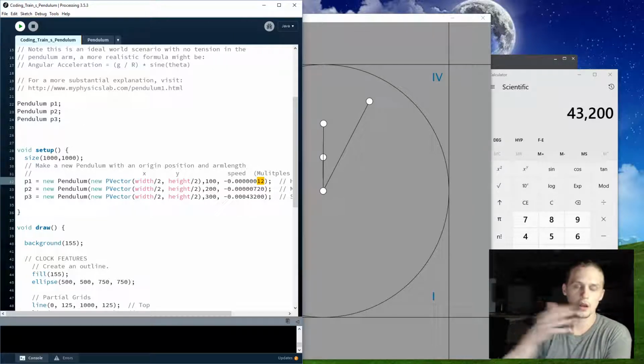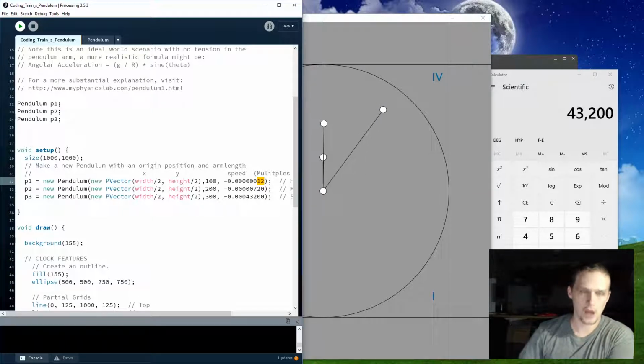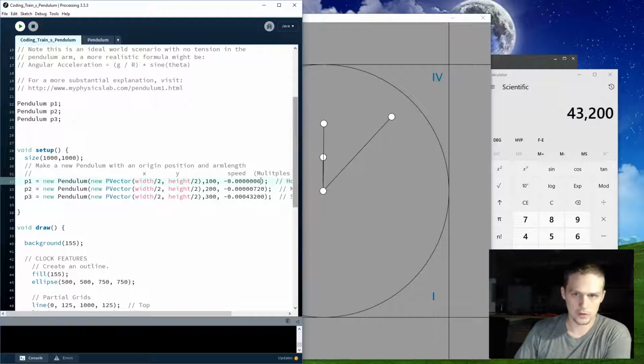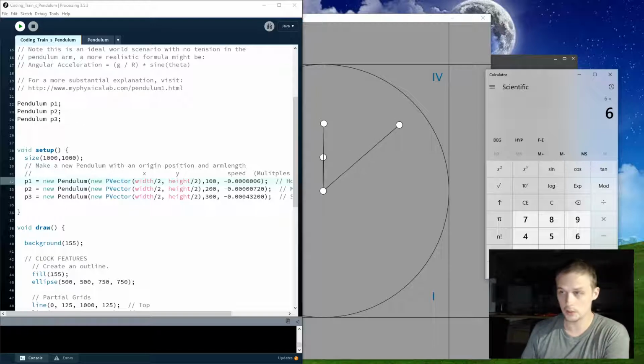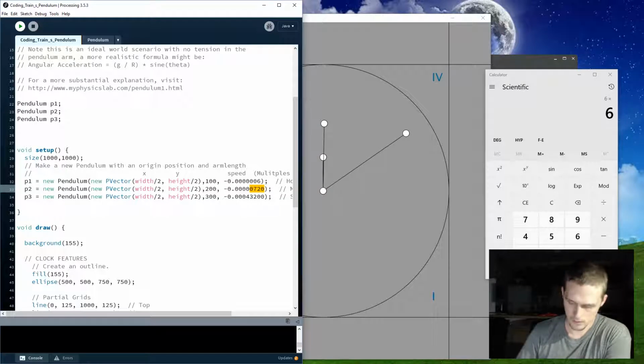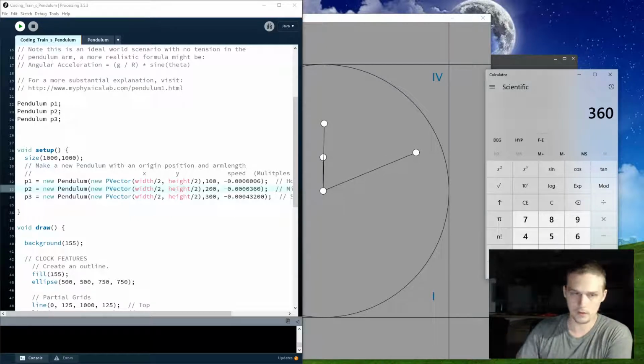So if we divide, what if we do? Yeah, I like that idea. So let's do 6, and then 6 times 60 would be 360. It's amazing how math works.